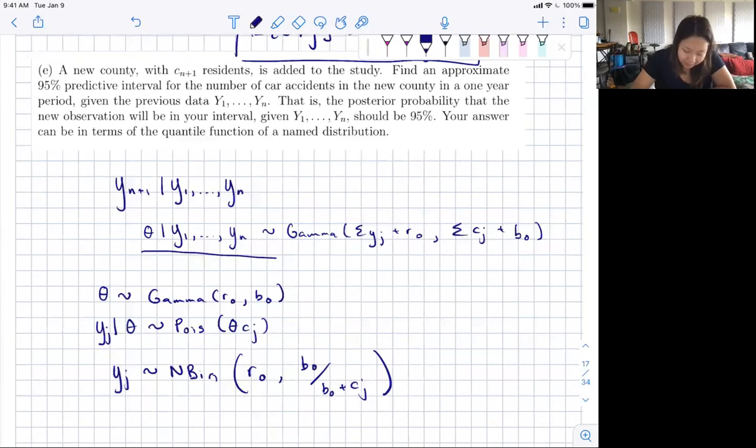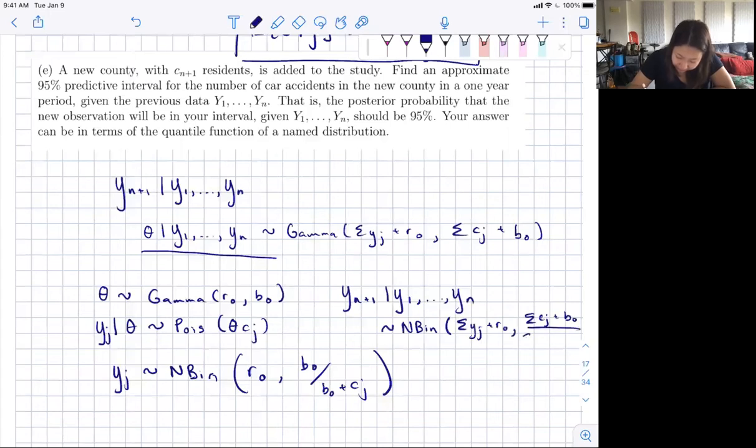So y sub n plus 1 given y1 through yn is distributed negative binomial with sum of yj plus r naught, and sum of cj plus b naught over sum of cj plus b naught plus c sub n plus 1.